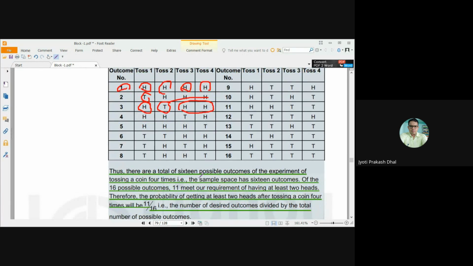So there are a total of 16 possible outcomes in the experiment of tossing a coin 4 times. That is, the sample space has 16 outcomes.